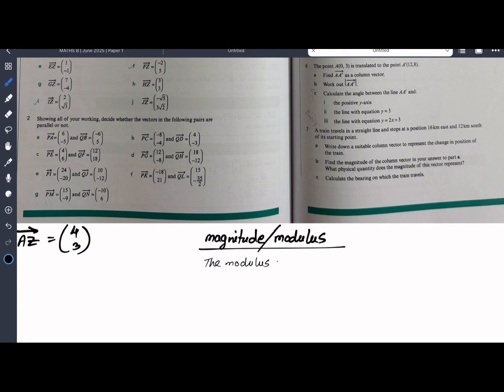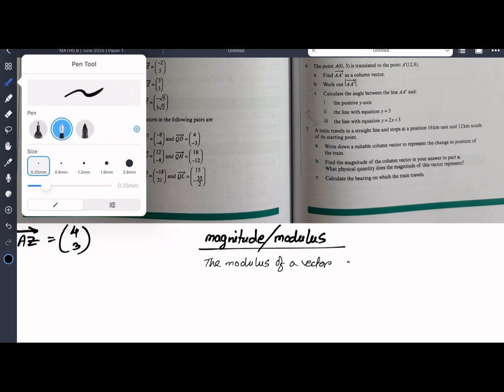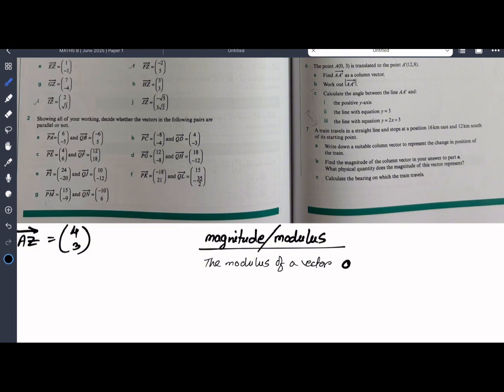The modulus of a vector A, let me make it bold, is written as |A|.